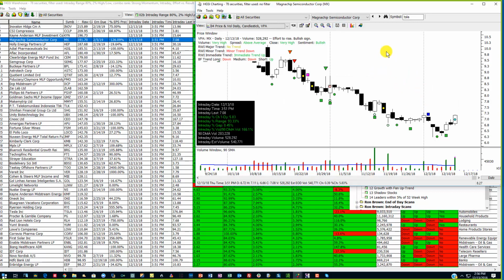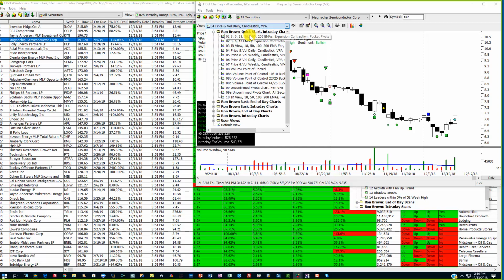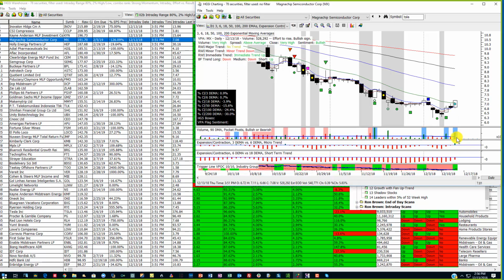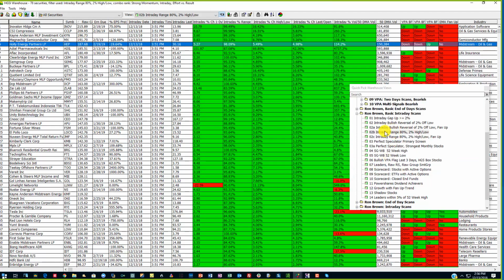It's in a strong, severe downtrend. May not go anywhere, but we're getting an effort to rise today. Let's go quickly back to this chart. Notice that there's a pocket pivot. You can quickly flip back and forth between the charts that you use, but I like this scan.